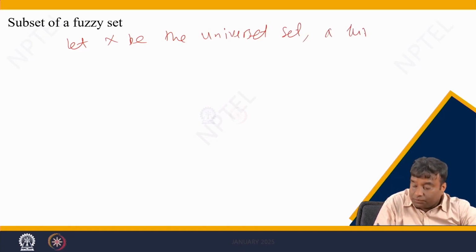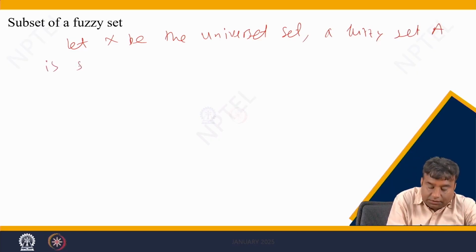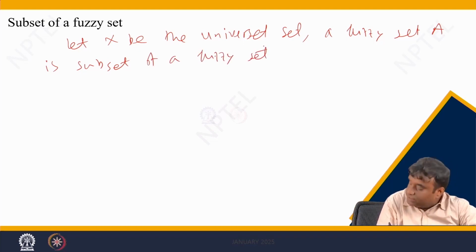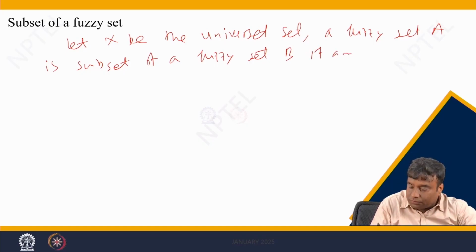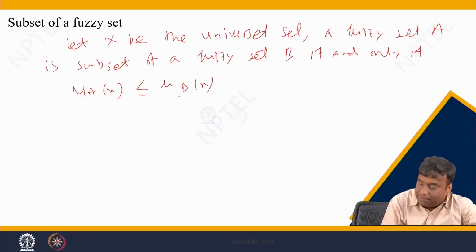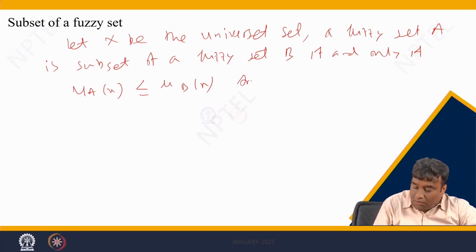A fuzzy set A is a subset of a fuzzy set B if and only if all membership values of A are less than or equal to mu B x, for all x belonging to X, which you can denote A is a subset of B.